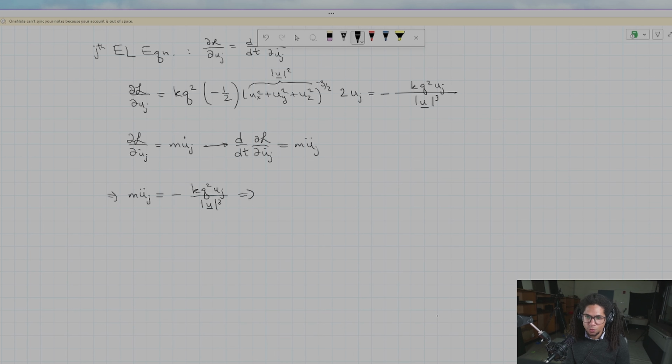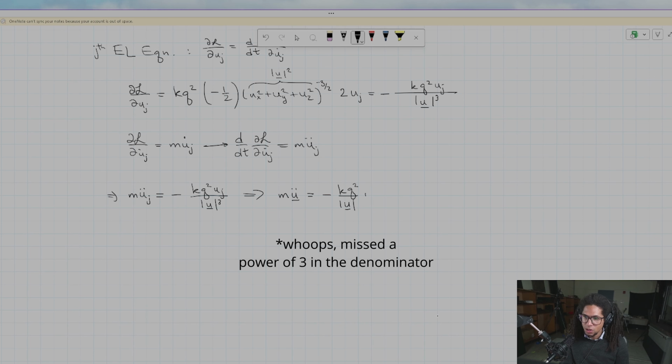Now, if I want to re-express that as a vector equation, I can do that in this case. This implies that m times u double dot is equal to minus kq squared over magnitude of u cubed times u.